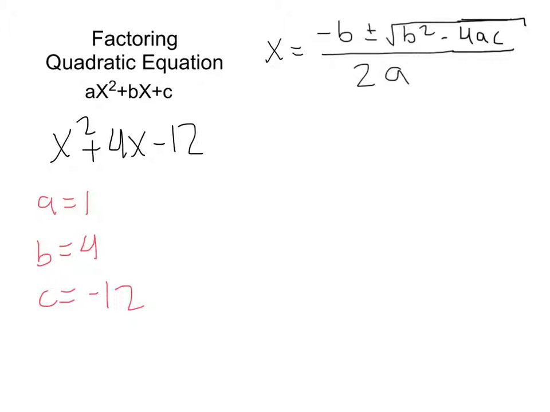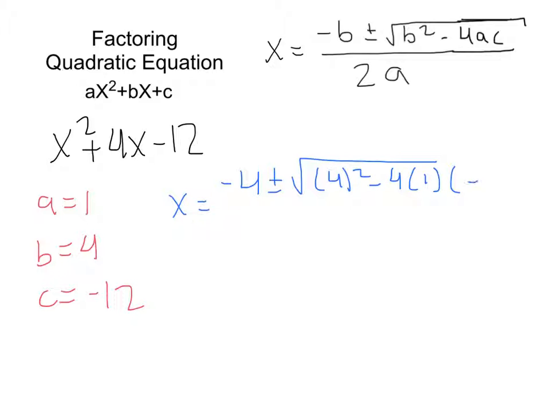So what we're going to say is x equals negative b plus or minus the square root of b squared minus 4 times a, which is 1, times c, which is negative 12. This is all over 2 times 1. So now we're just going to use our order of operations. So we want to work underneath that radical first.